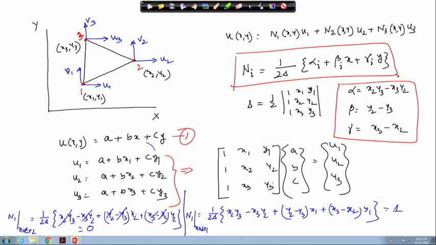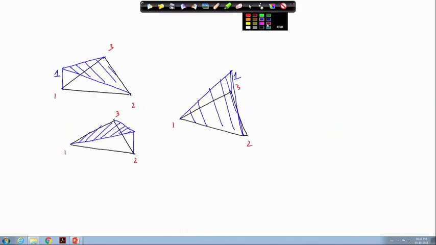But for instance, we will not discuss that, just for the completeness of the discussion I am talking about it. Suppose you are using a 6 noded element. So we have a node at the 3 corners, and similarly we have a node at the sides. In that case, how many unknowns do you have? 1, 2, 3, 4, 5, 6.